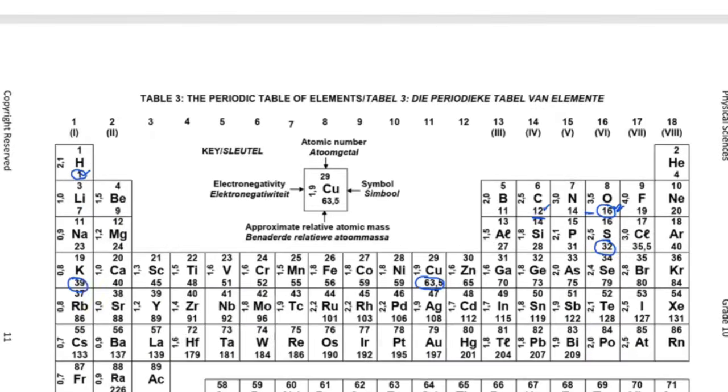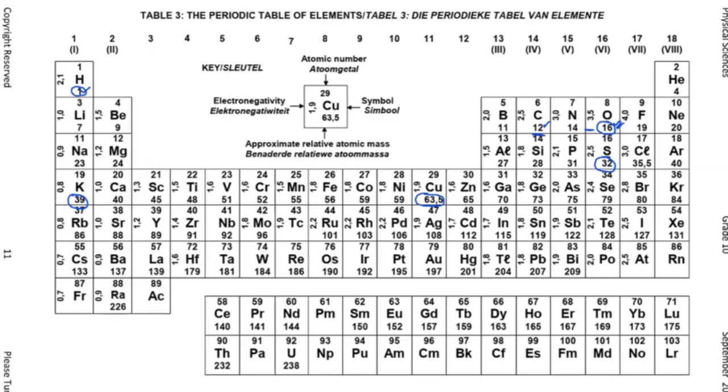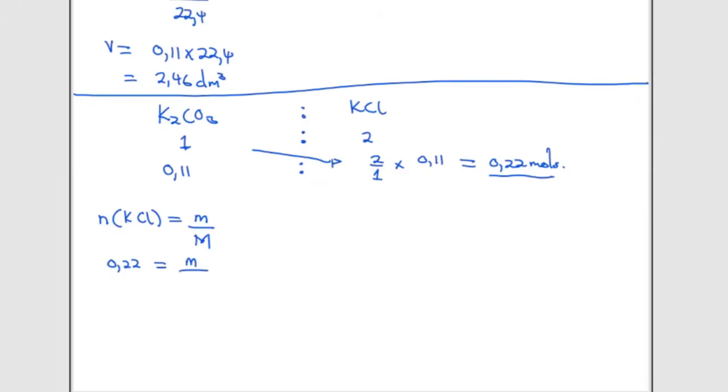So the molar mass for potassium, K, is 39. You can see it's 39. And then chlorine, Cl, is going to be our 35.5, right? So for KCl, K is 39, plus 35.5, right?